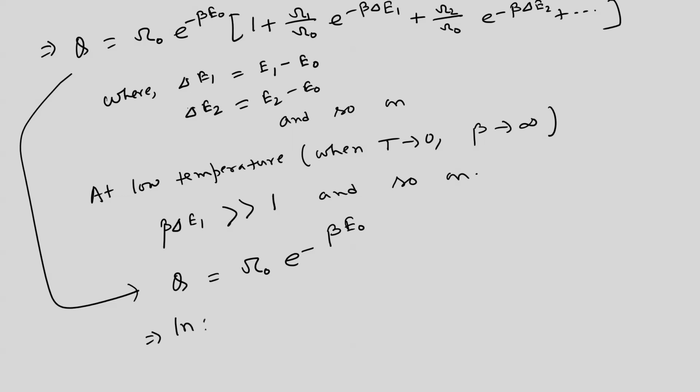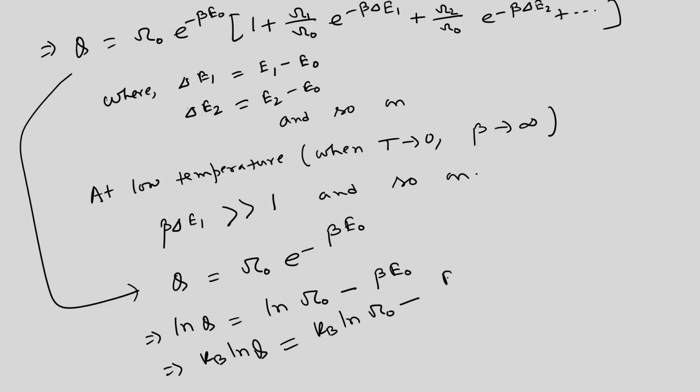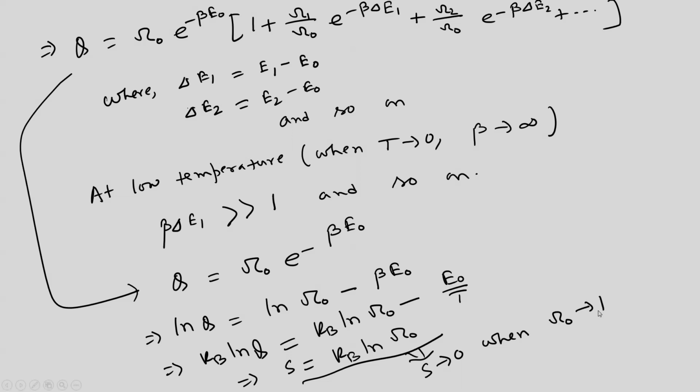If you take the log, we get ln Q is ln omega 0 minus beta E0. Or you can write Kb ln Q is Kb ln omega 0 minus E0 by T. We can write S is nothing but Kb ln omega 0. So this says S goes to 0 when omega 0 goes to 1.